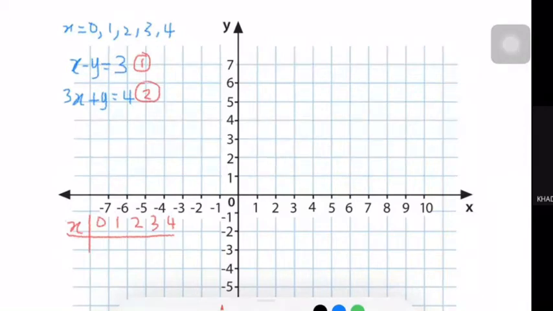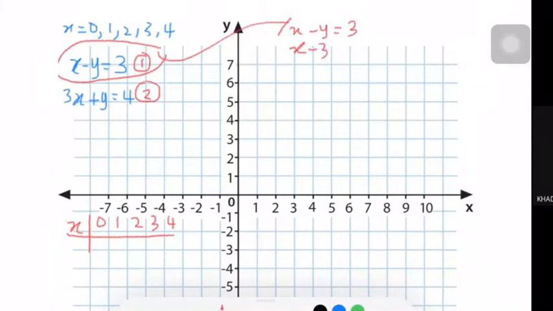Daripada sini cikgu tukarkan x minus y equals 3 jadi x minus 3 equals y. Okay, so y ialah x minus 3. Value yang bawah ni ialah x minus 3 equals y.